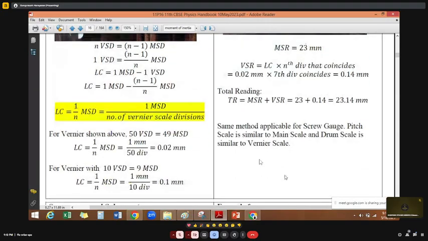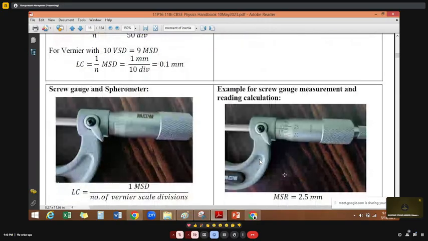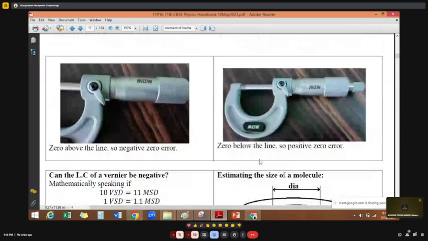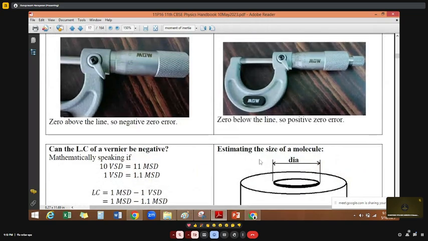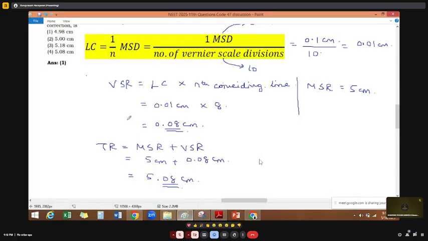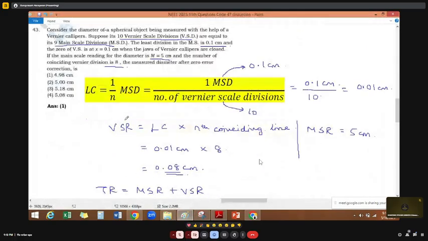Okay, coming back to this zero error, we need to do the correction for zero error. Let's read the question one more time here. When the jaws of the vernier calipers are closed, it is giving me x equal to 0.1 centimeter. So that is a zero error. It is a positive zero error because it is plus here.